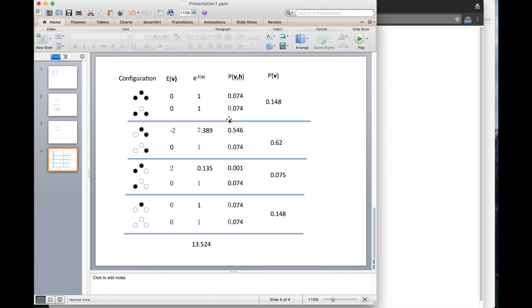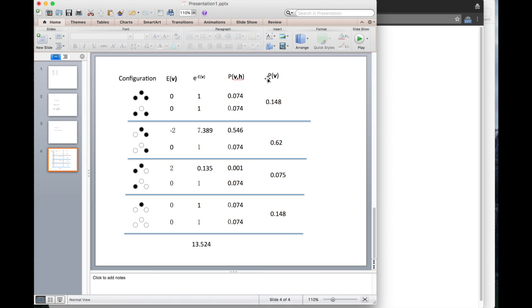But a very important idea you should get from the restricted Boltzmann machine is that we don't really care about the state of the hidden unit. What we really want is to use the hidden unit to encode the distribution. So we only care about the configurations of the visible units.